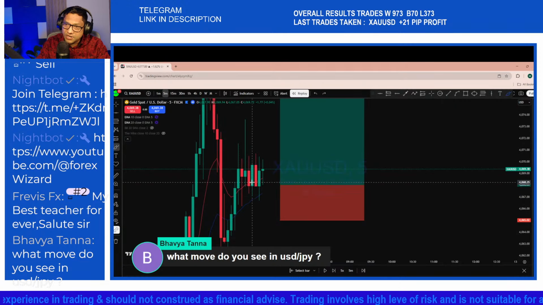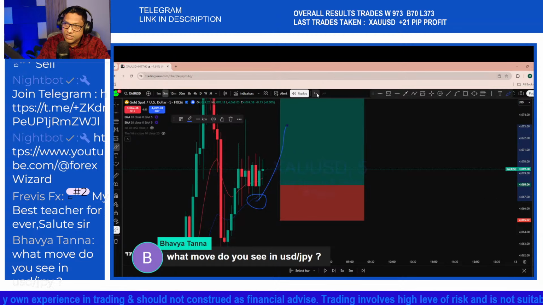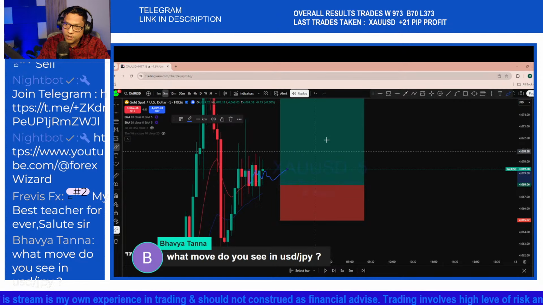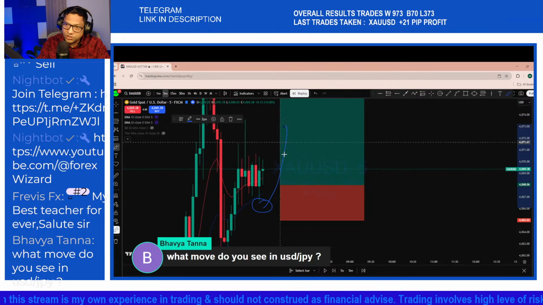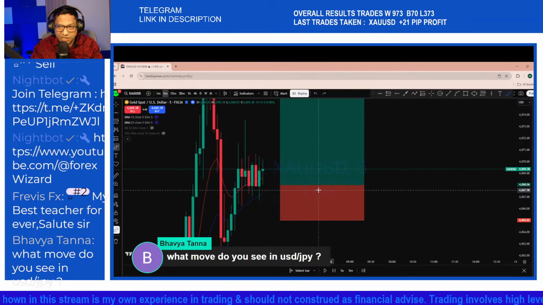Whenever the market is coming down, rejecting, that's a zone where you can see the market in a sideways break of structure, rejected back to the upside in that market.